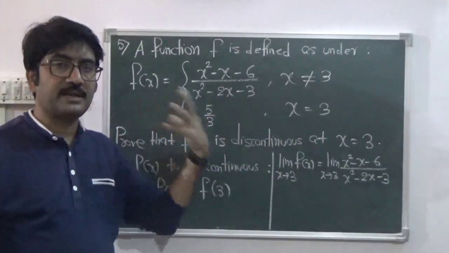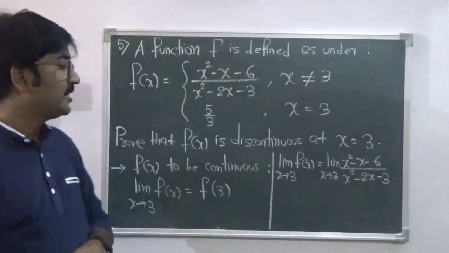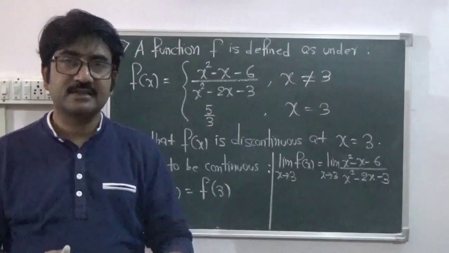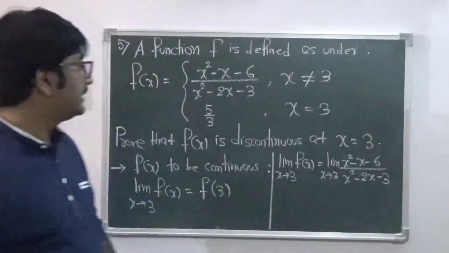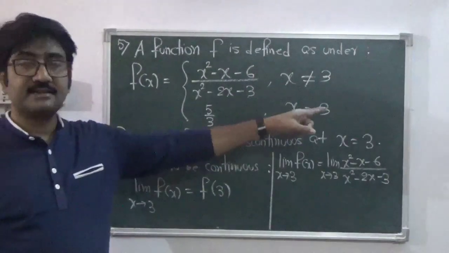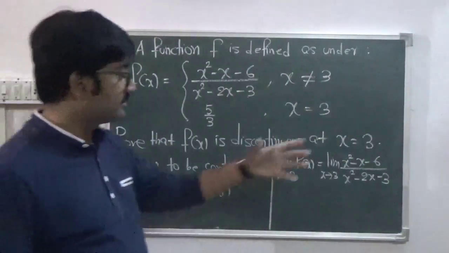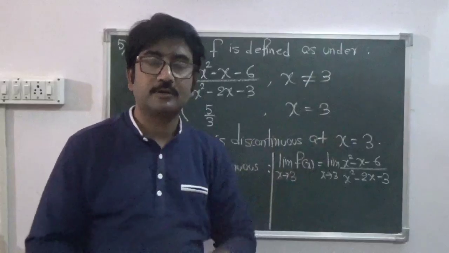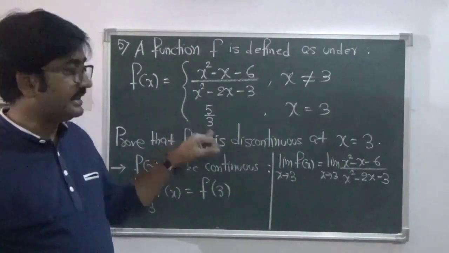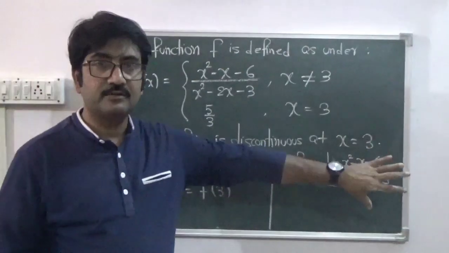If it is 5 by 3, the function is continuous. If the value is not 5 by 3, the function is discontinuous. Since we have been told to prove that the function is discontinuous at x equals 3, obviously you are not going to have the value 5 by 3. We will get some different value.